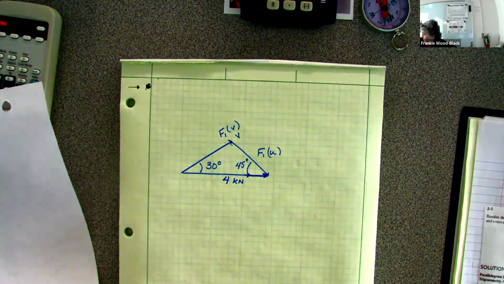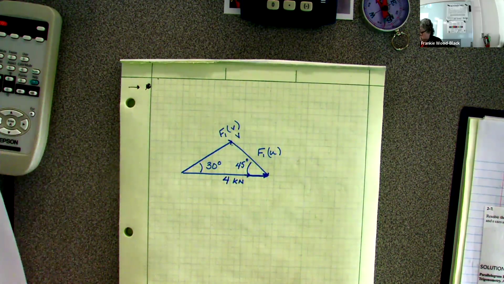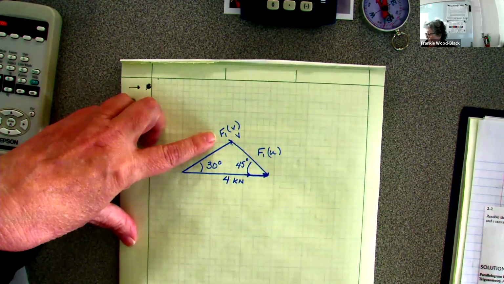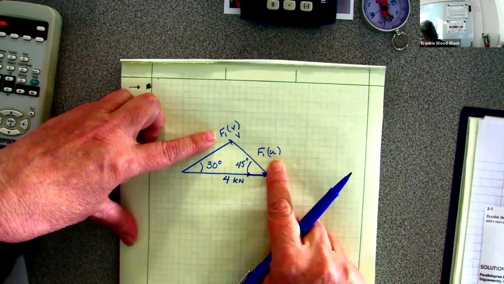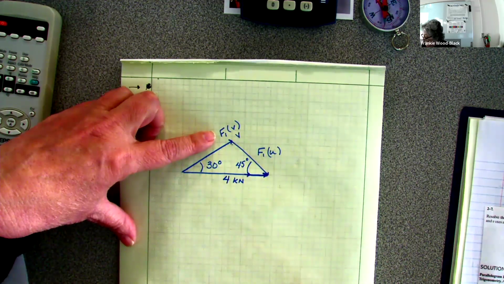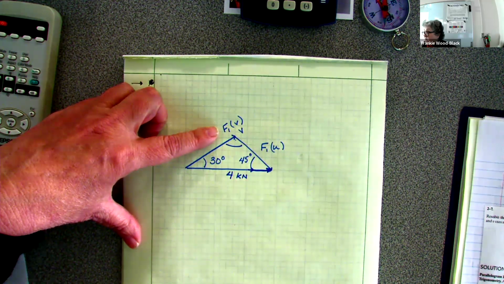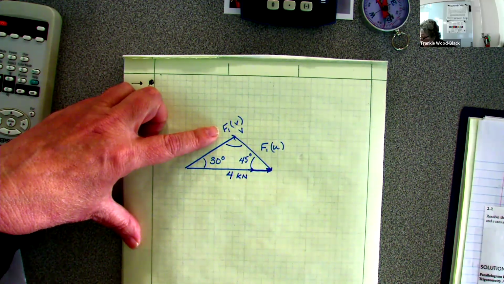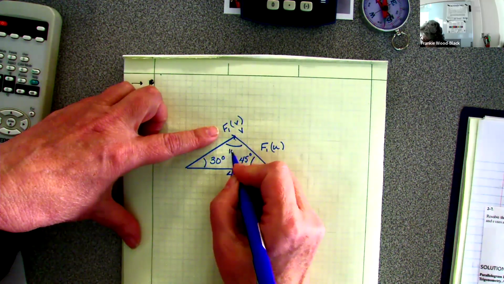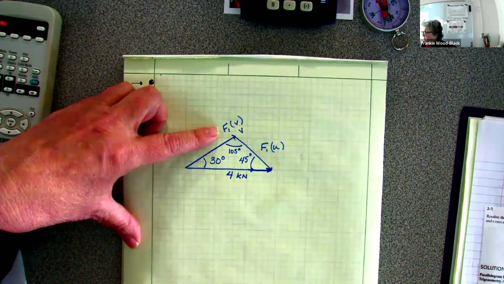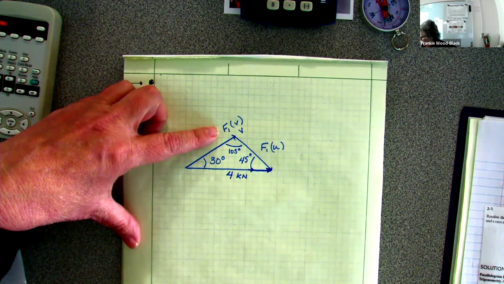So you can break this vector up into its V components and its U components by using your good old sines, because we know that this is going to be 105 degrees, because the angles inside of the triangle end up being 180 degrees.